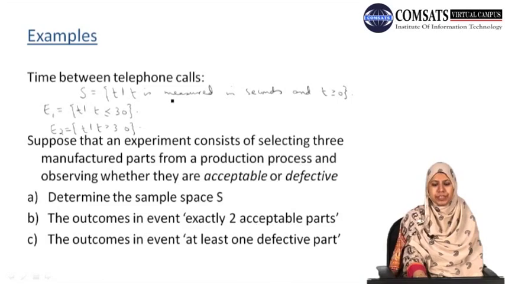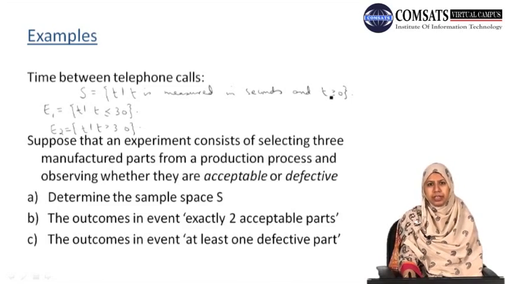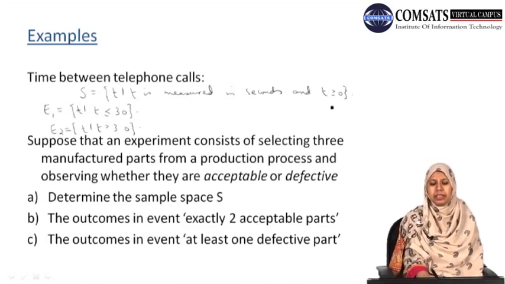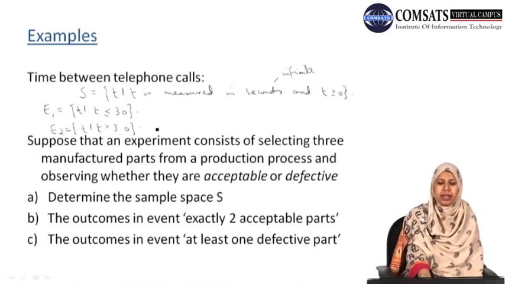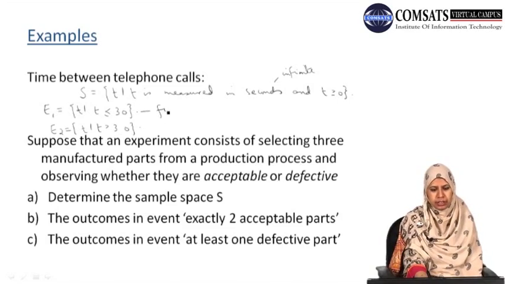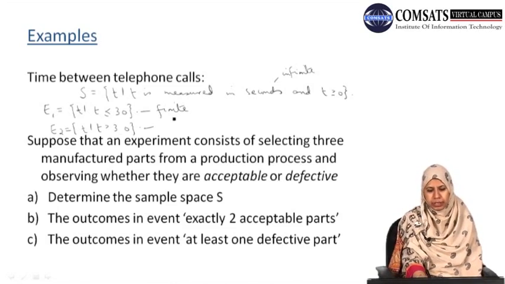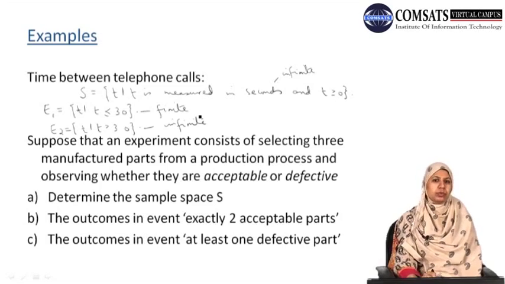So we have seen that given an infinite sample space, the events defined may be finite, as our event E1, or infinite, as our event E2.